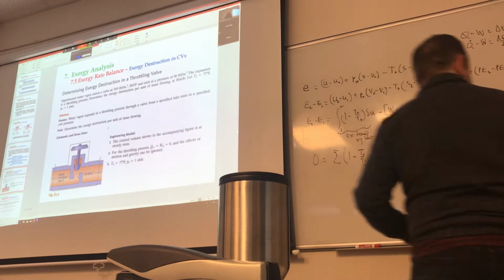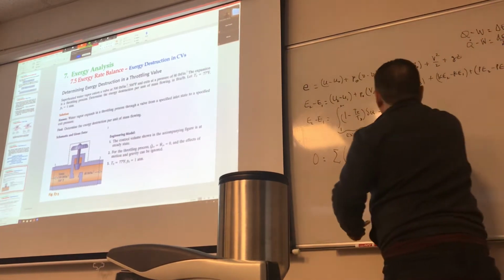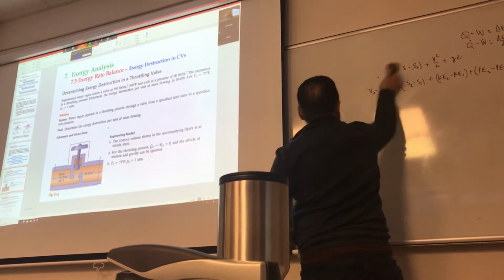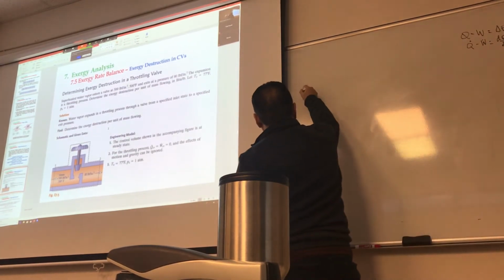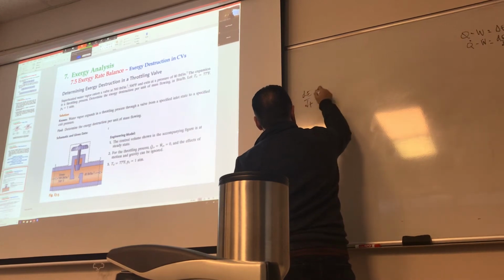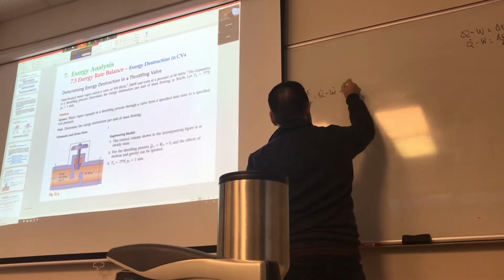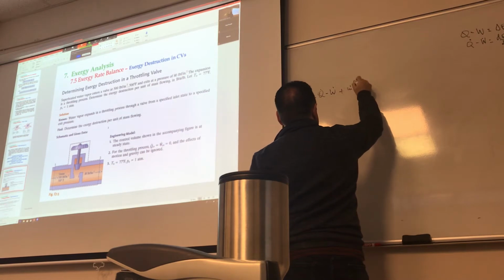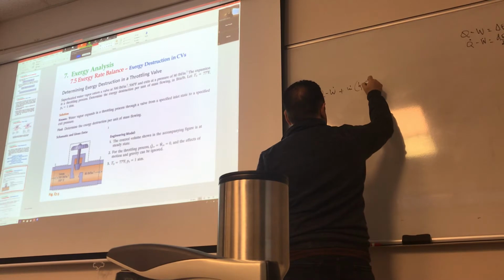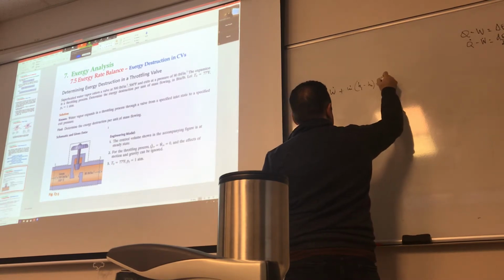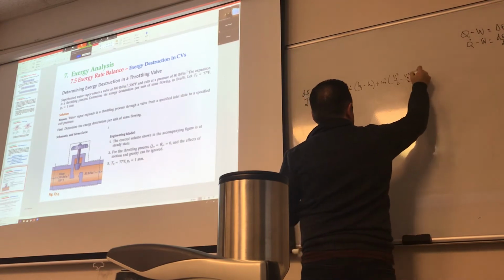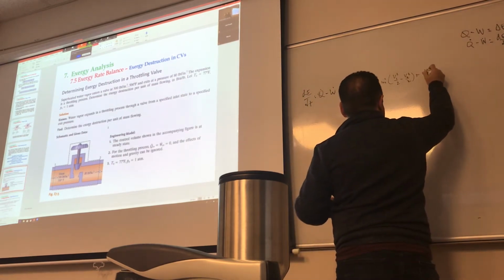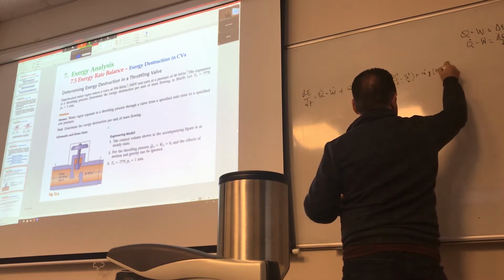Which typically says that dE over dt is equal to Q dot minus W dot plus m dot (h1 minus h2) plus m dot (V1 squared minus V2 squared) over 2 plus m dot g (Z1 minus Z2).